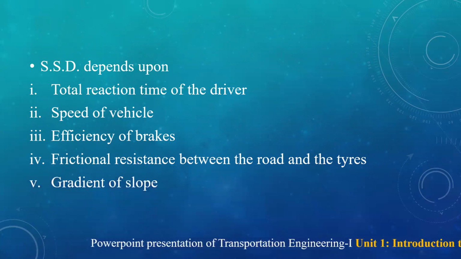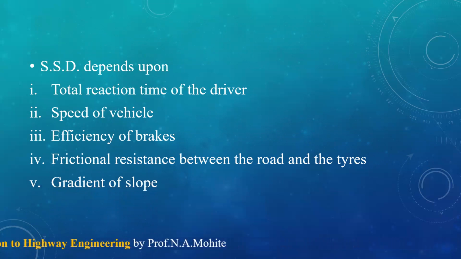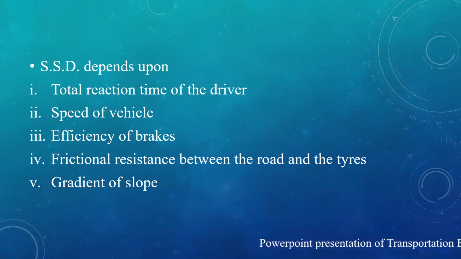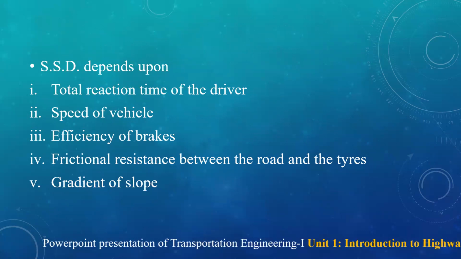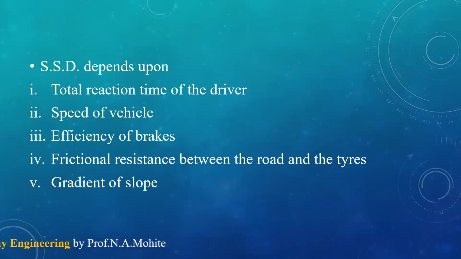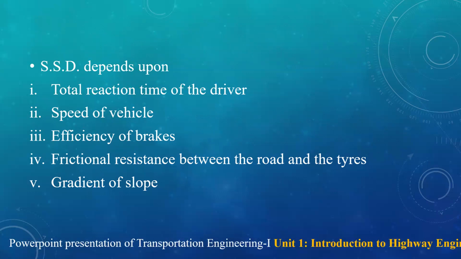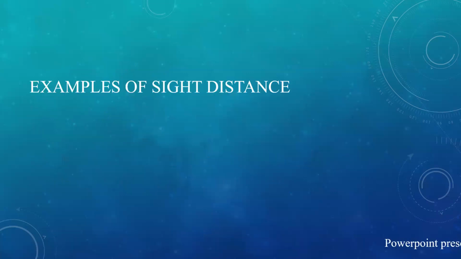And last one is the gradient of the slope. Depending upon your speed, you are going to bring the vehicle to a stop. If you are at speed and there is a slope on the road, there are chances of overturning. So stopping sight distance depends upon all these five factors.